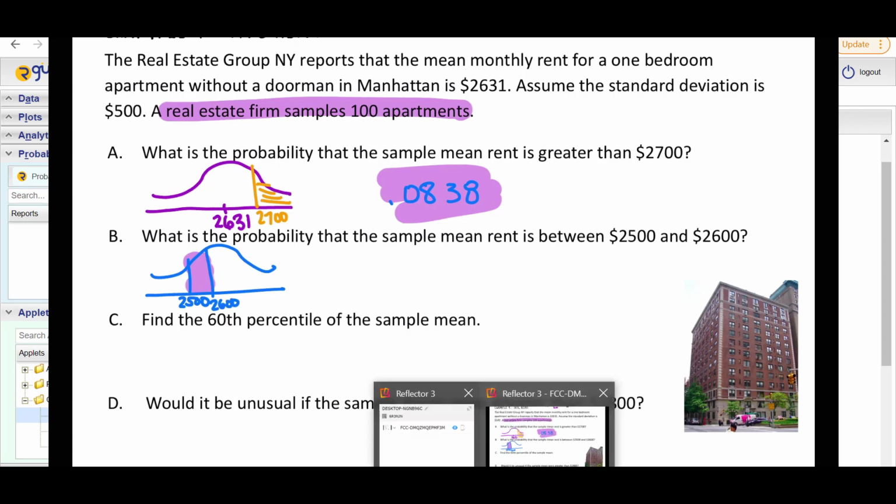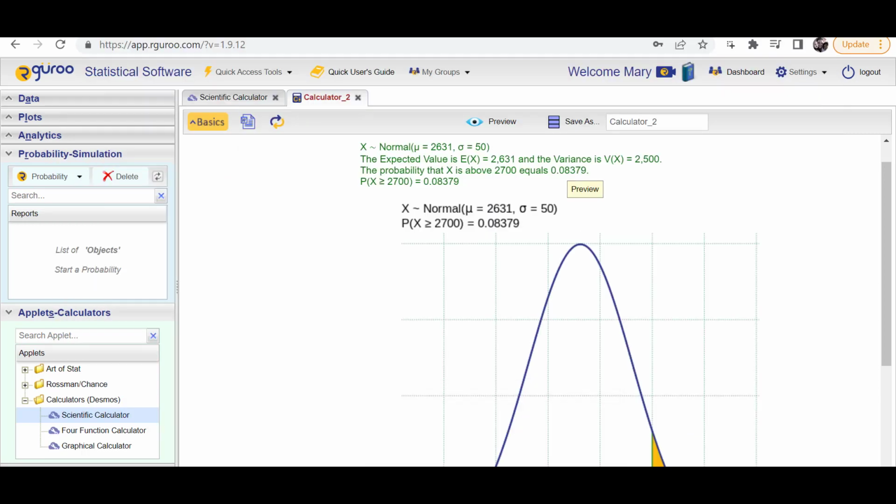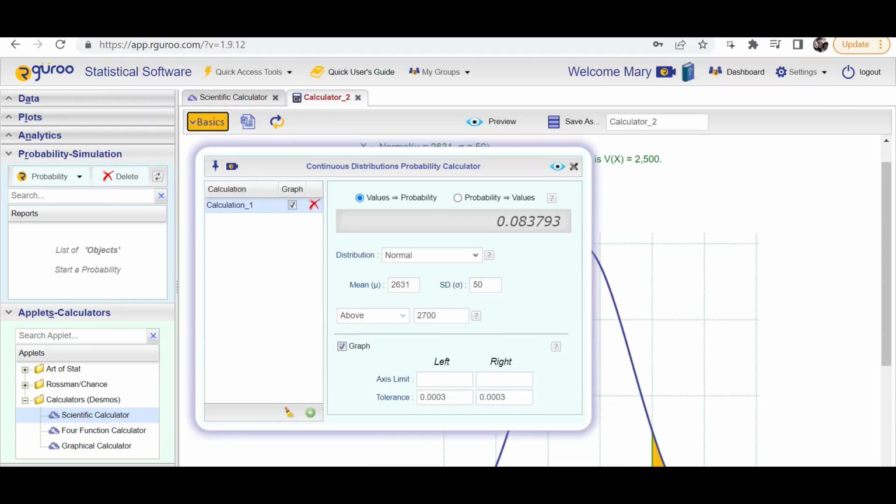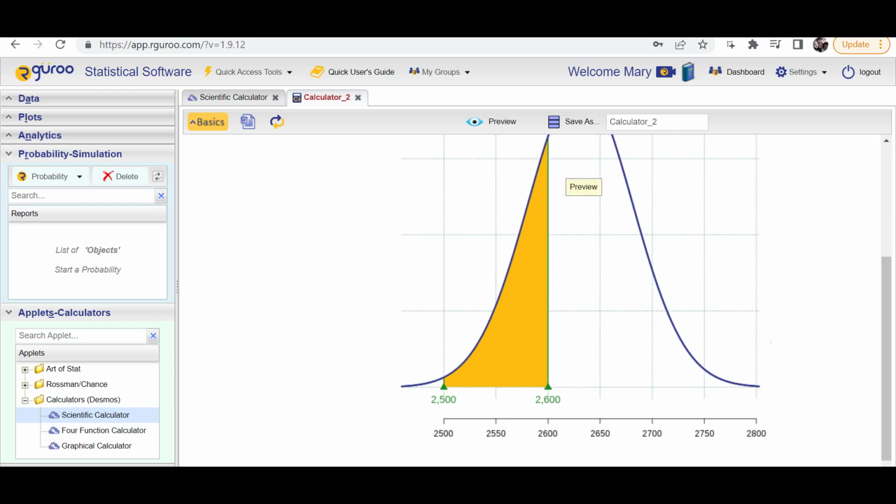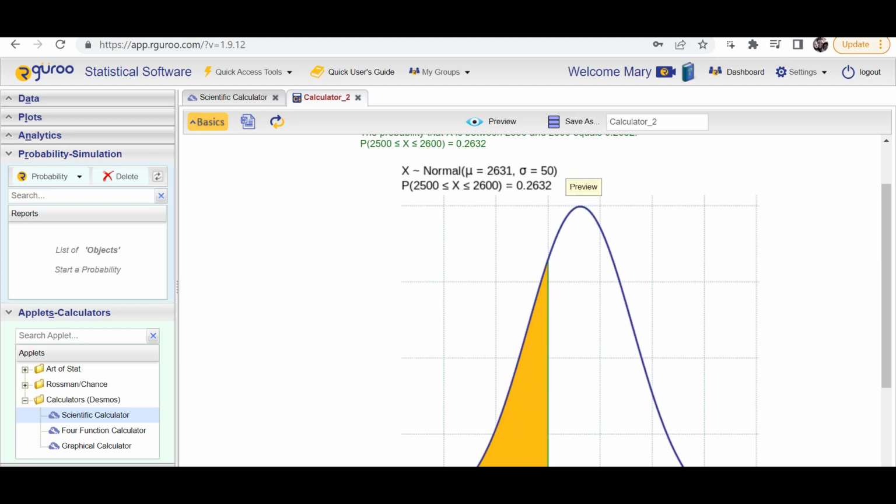So we just go here and change the above to between, and we're going between 2,500 and 2,600, and we get 0.2632.